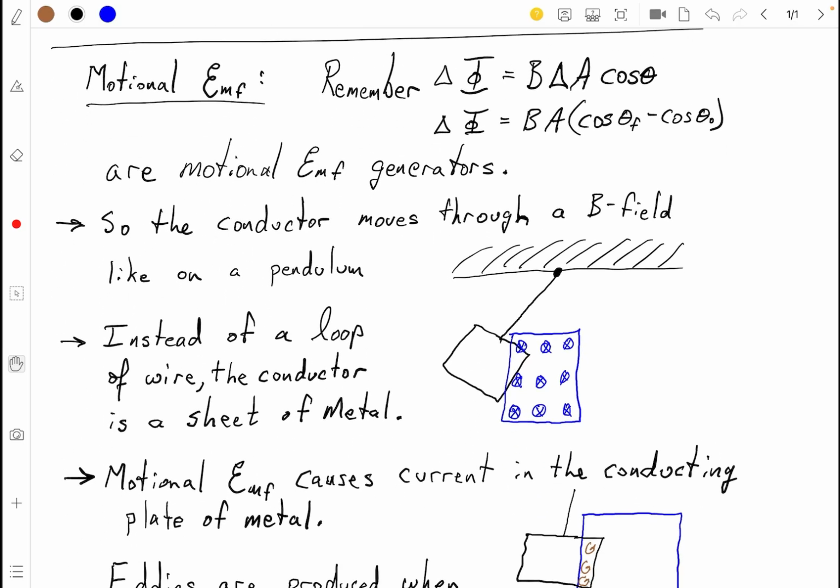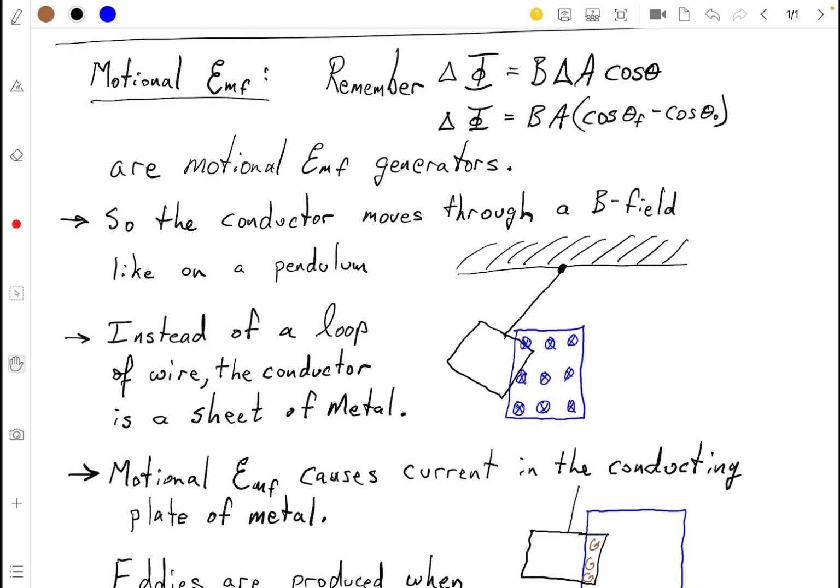Motional EMF, let's get into it. So remember, for motional EMF, we can have a whole bunch of things that change an EMF. The B field can change, the area can change, or the cosine of the angle can change.